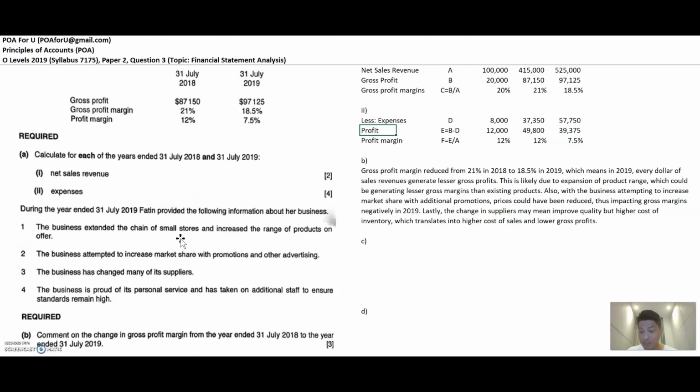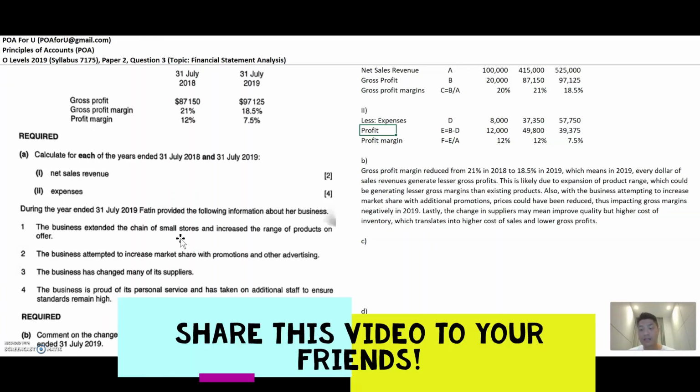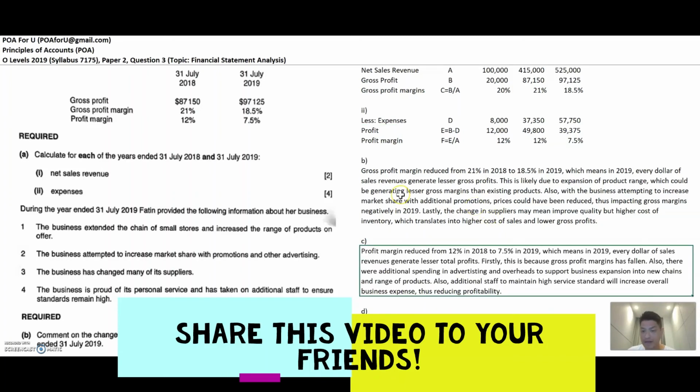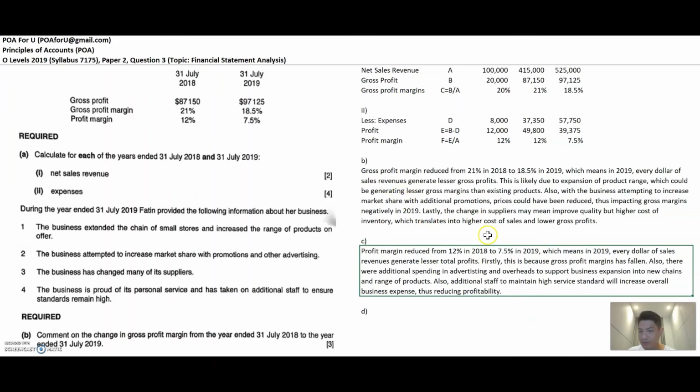And if the small stores, especially, are not selling as well for you, then it would creep up into higher expenses, which would reduce your profitability. So I've prepared a statement here for you guys as well, which echoes what I've just explained, and hopefully that will help you absorb this.